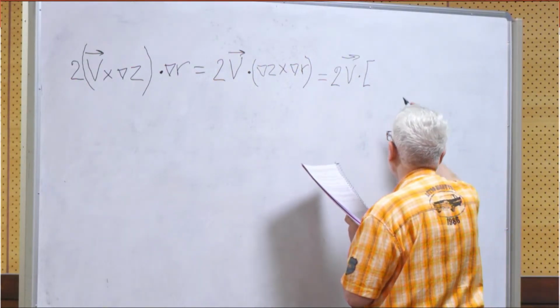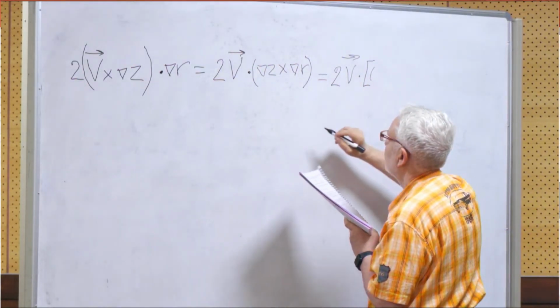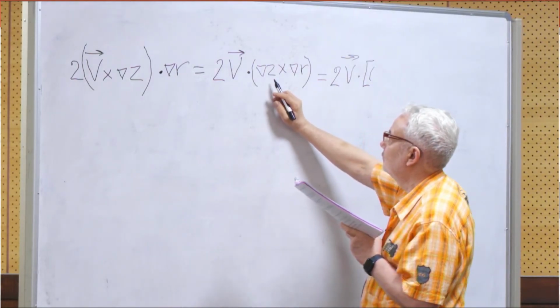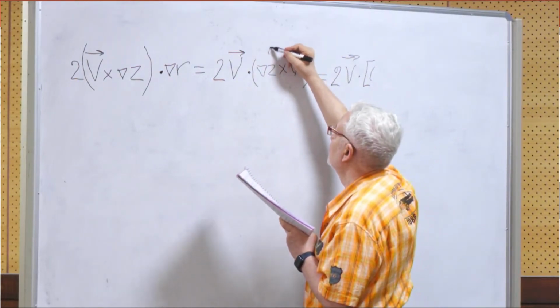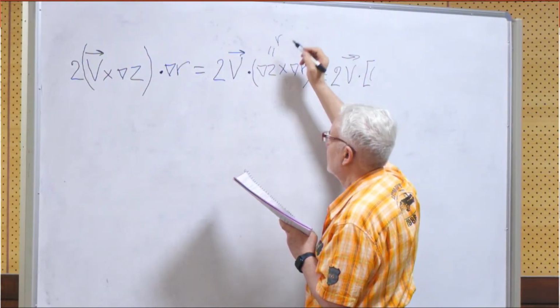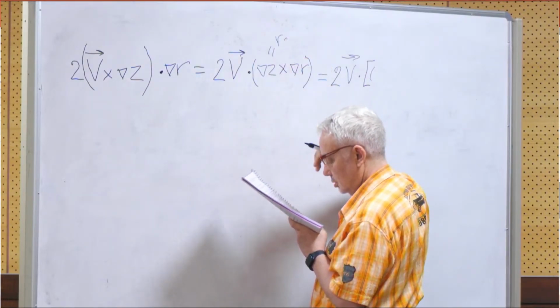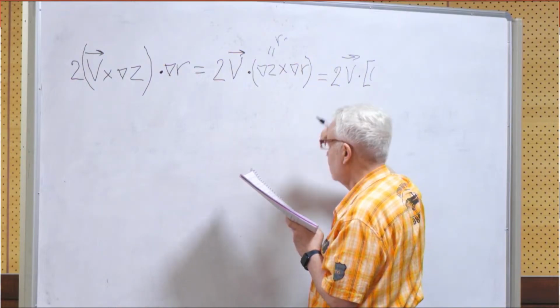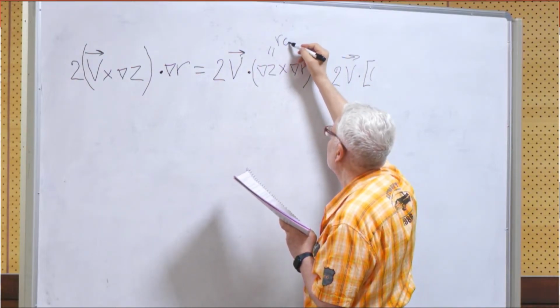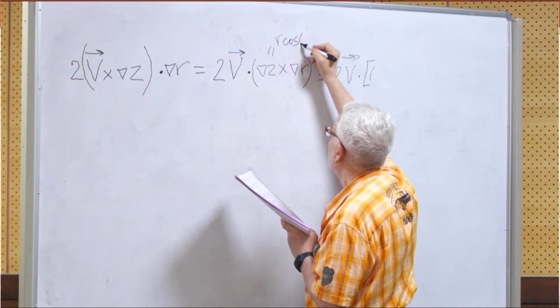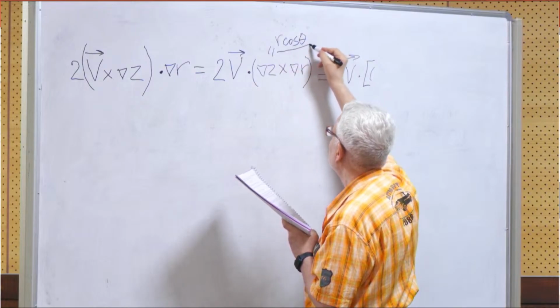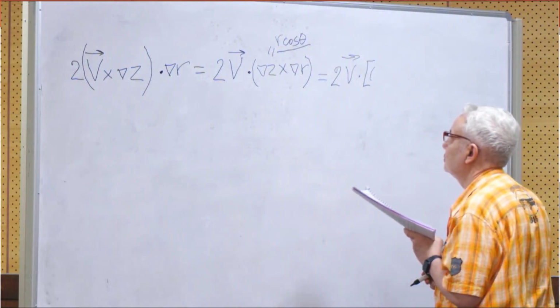From this part, you know that z is r cosine theta, just by definition.